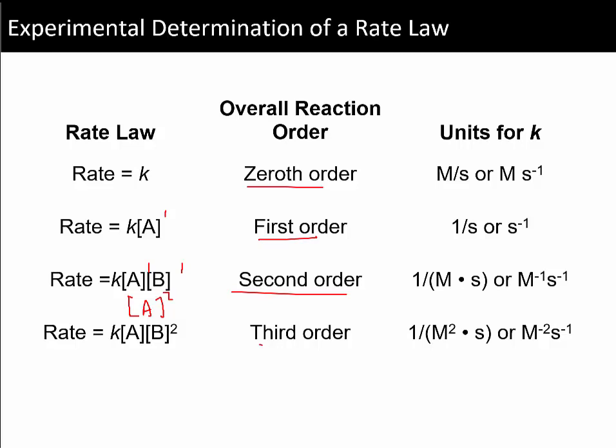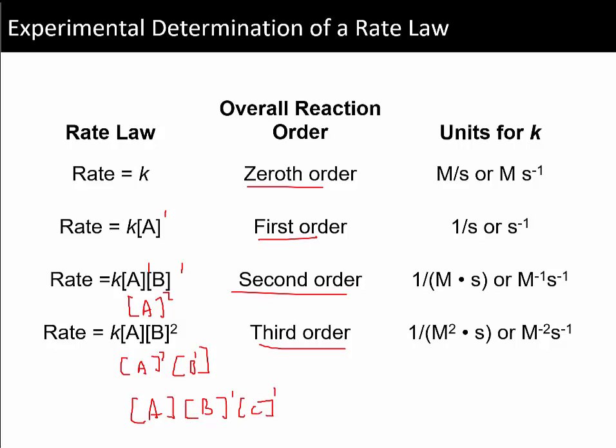If you have third order, it's going to be K times A to the first and B to the second, or it could be A to the second and B to the 1, or it could be A to the 1, B to the 1, and C to the 1.